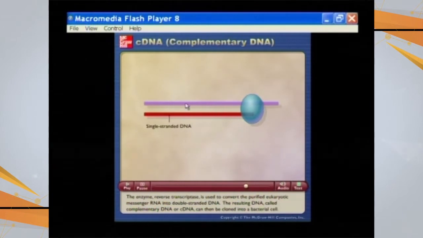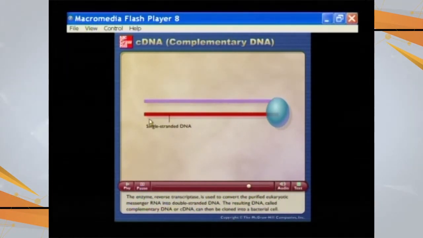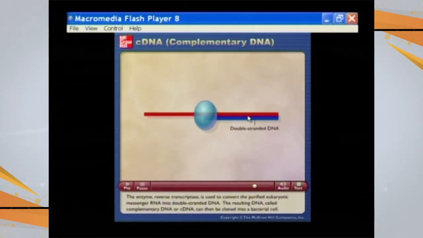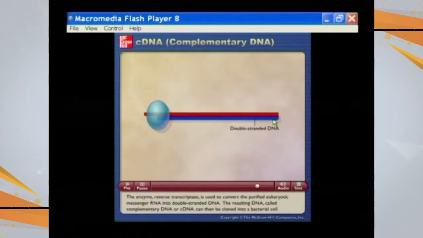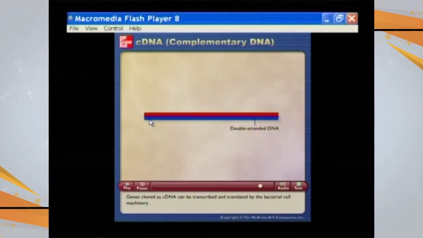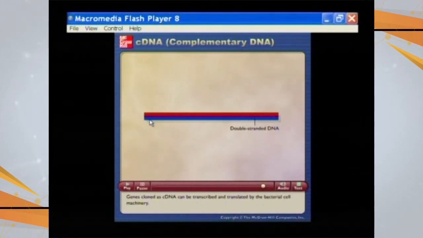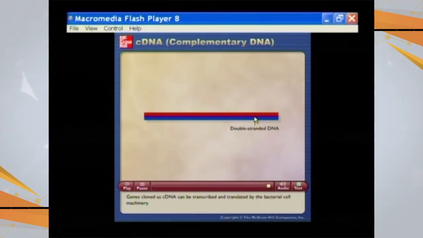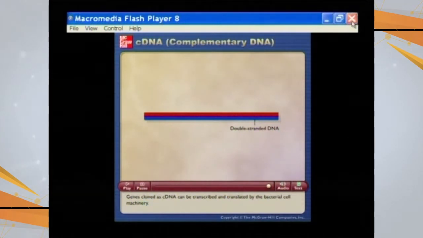An exact copy of that is made in the form of single stranded DNA, while DNA is always double stranded. So double stranded DNA is made by using DNA polymerase for DNA replication, and this is called a complementary DNA, exactly having the same codes, the same information which were there in the messenger RNA.